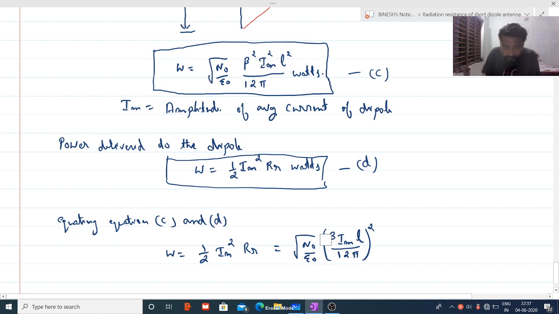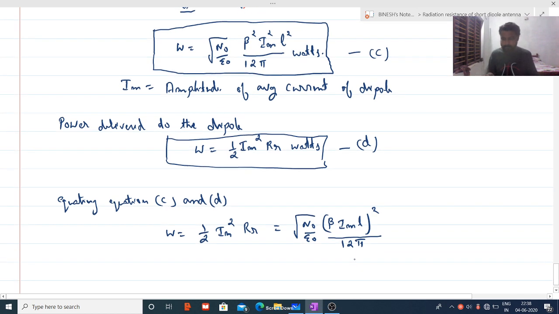Sorry, one small mistake. Okay, it is nothing but beta Im L the whole square divided by 12 pi. That's correct.